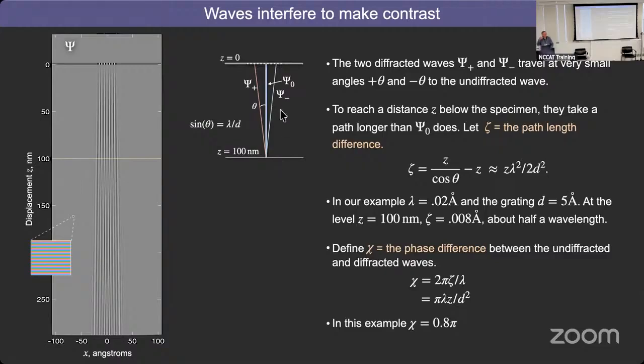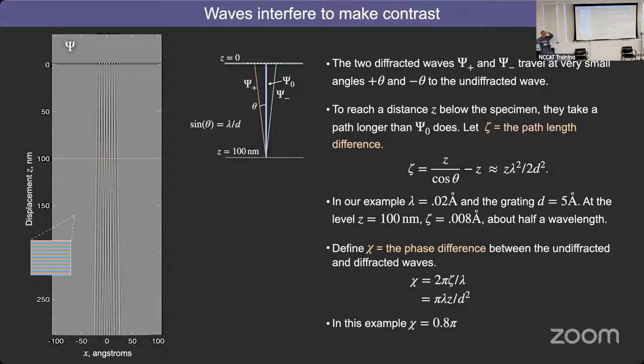Now the diffracted waves, because they're going at an angle, the path length is slightly longer, and we can calculate the difference in path length. It's this distance, 100 nanometers divided by cosine theta minus 100 nanometers, and this quantity looks like z times lambda squared over 2d squared. So this path length difference, in this case 100 nanometers, and the other parameters I told you, this difference in path length is only about half a wavelength.